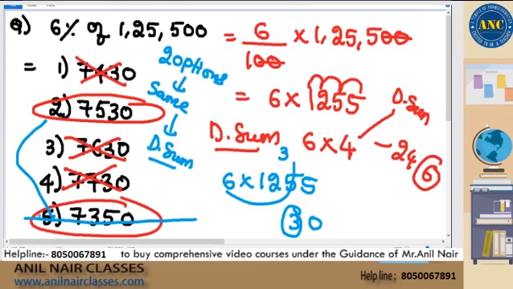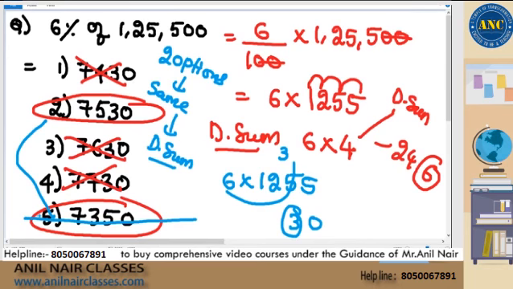6% is 6 by 100 into 1,25,500. 0 0 0 0 cancel. 6 into 1255. 5 plus 5 10, 10 plus 2 12, 12 plus 1 13, 13 digital sum is 4, 6 4s are 24, 2 plus 4 is 6, so digital sum is 6.